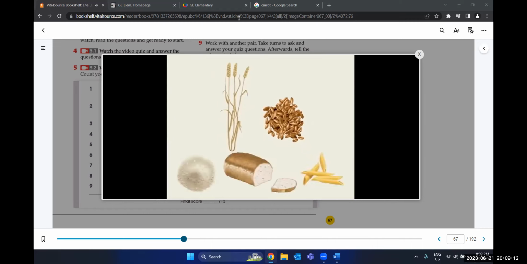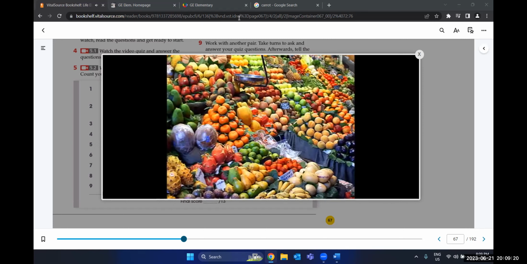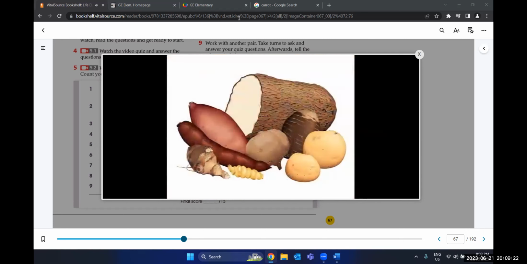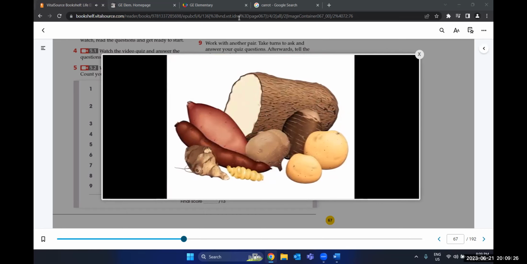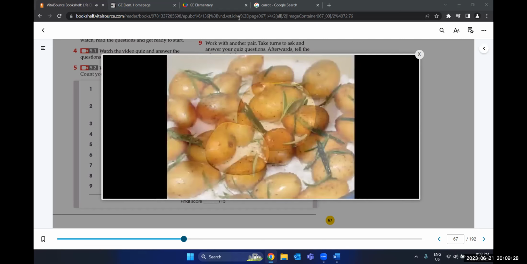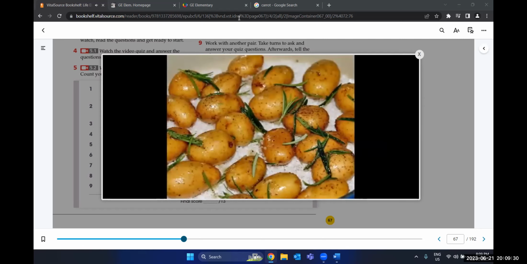They are on the screen now. Write them down, 3 points. Question 2. There are around 4,000 types of potatoes. Which country has the most types? A, China, B, Peru, or C, Italy?